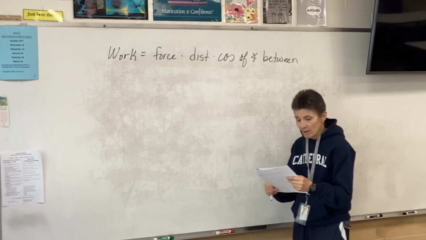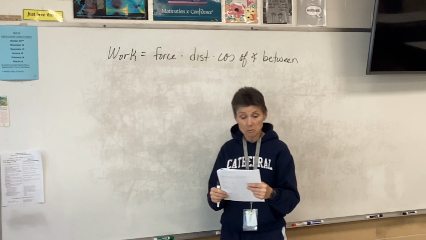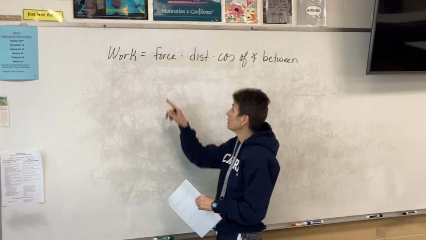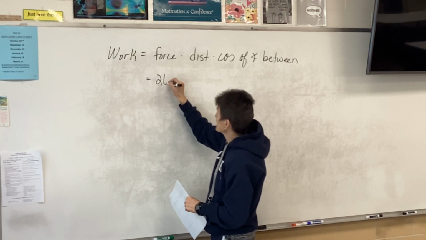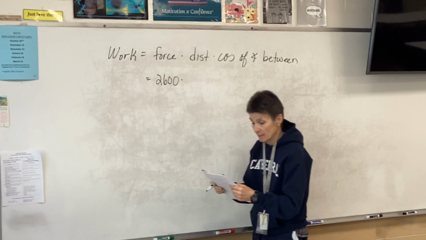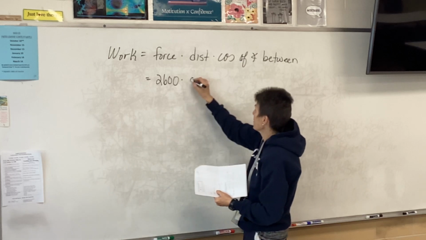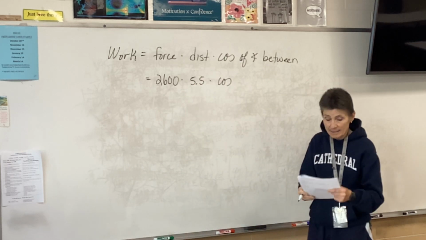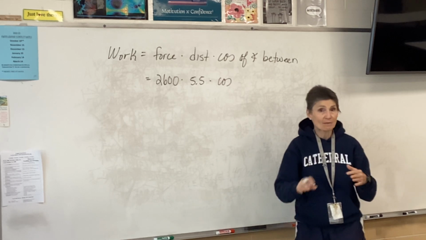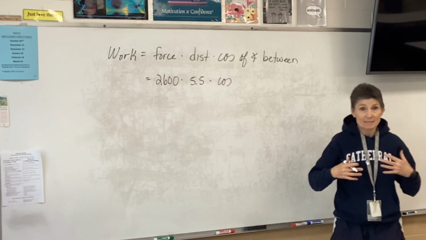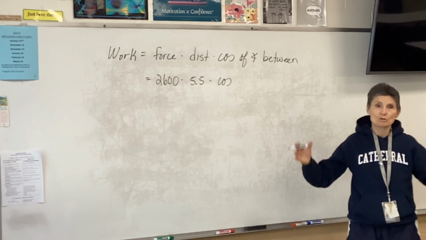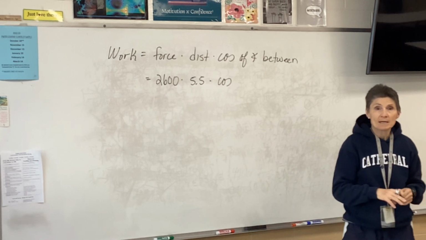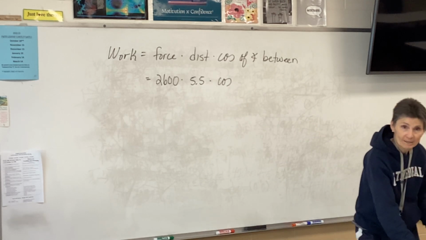So here we go. Find the work done lifting a 2,600 pound car. So the force is 2,600. The distance is 5.5 feet. And now I need the angle between them. Now this one isn't complicated. Pretend I'm some super strong person, and here's my car, down here on the ground.